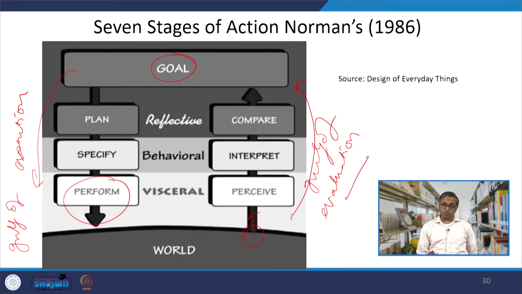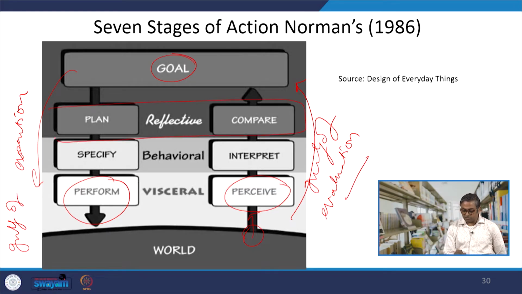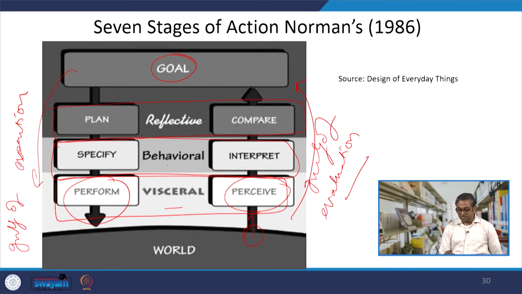And when we are perceiving the information, that also involves anxiety. And that is why the 3 levels of processing are also there. You can see on your screen. This is visceral, this is behavioral in nature, and this is reflective.